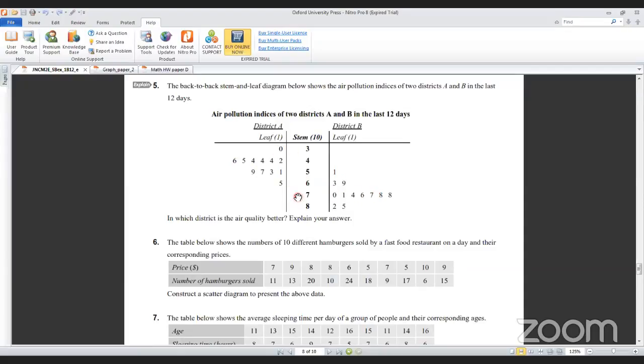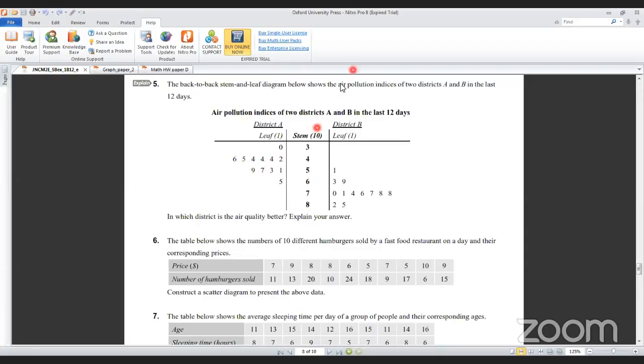But for district A, there are no data in this range. No 70 something, no 80 something. Most are in 40 something. Therefore, I think you can explain in this way.